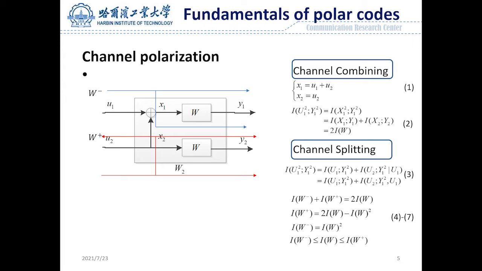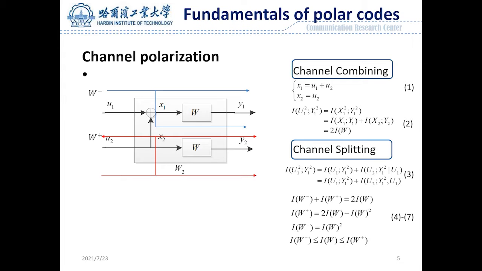As equation 2 shows, the mutual information of the synthesized channel can be split into 2 parts, according to the chain rule of mutual information, thus creating 2 virtual channels, W- and W+. The input of W- is U1, and the output is Y1 and Y2.